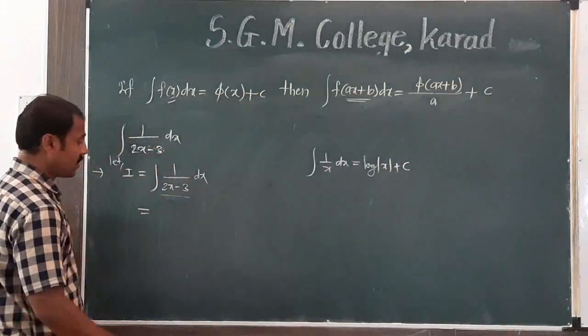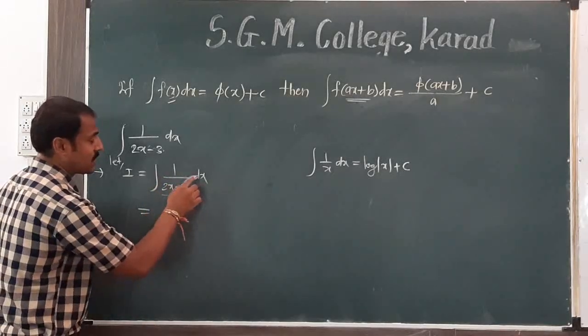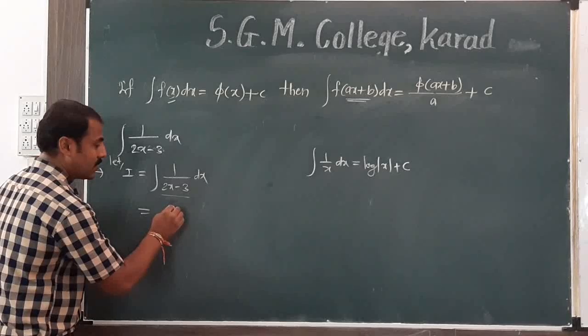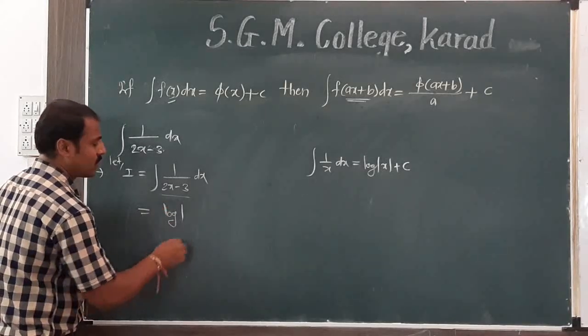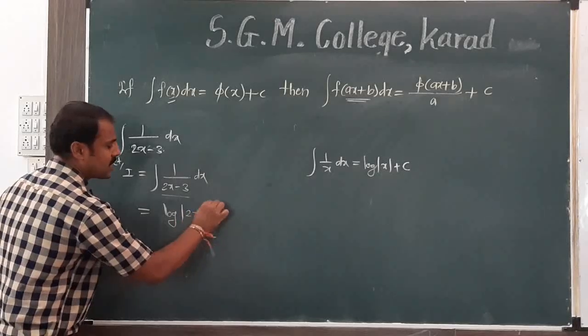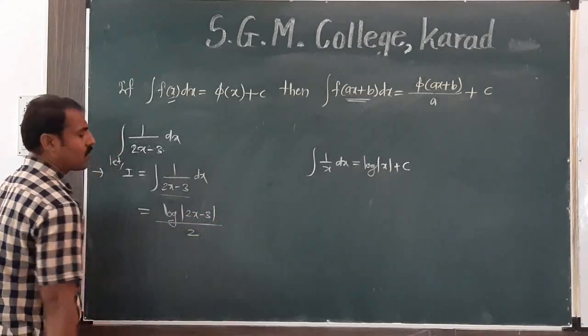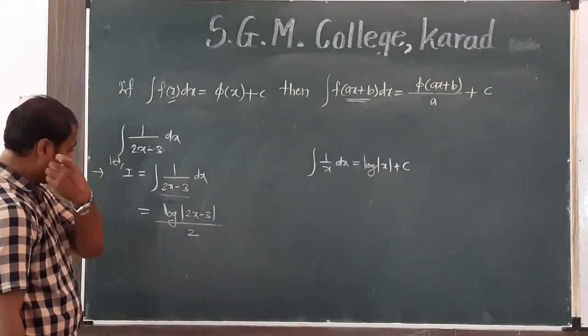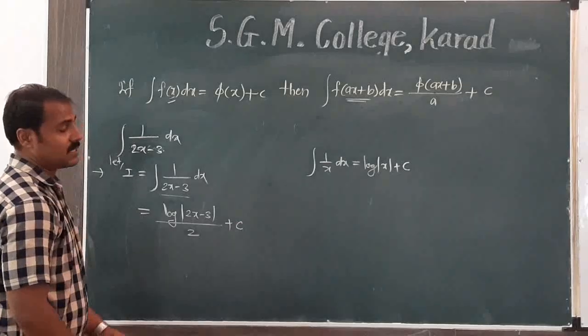So the answer of the integration of 1 upon 2x minus 3 dx is log of mod of 2x minus 3. Don't forget to divide by the coefficient of x, that is 2, plus constant of integration c.